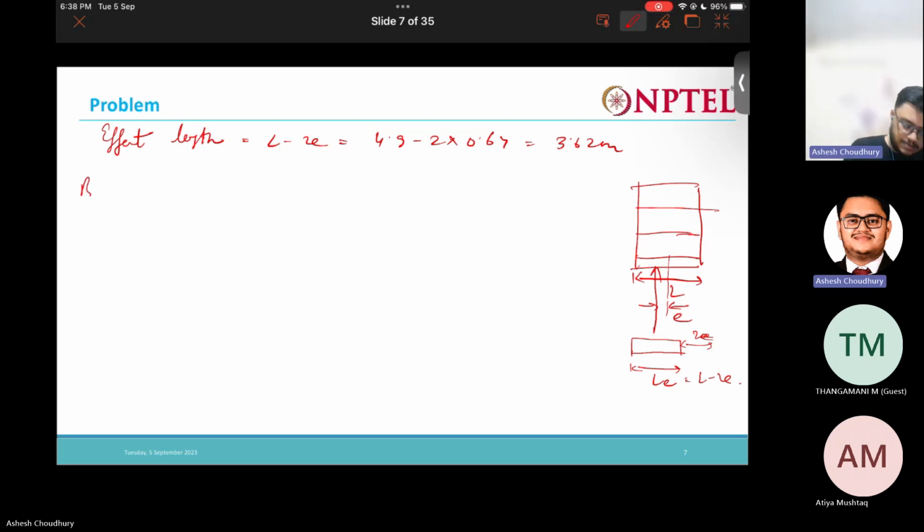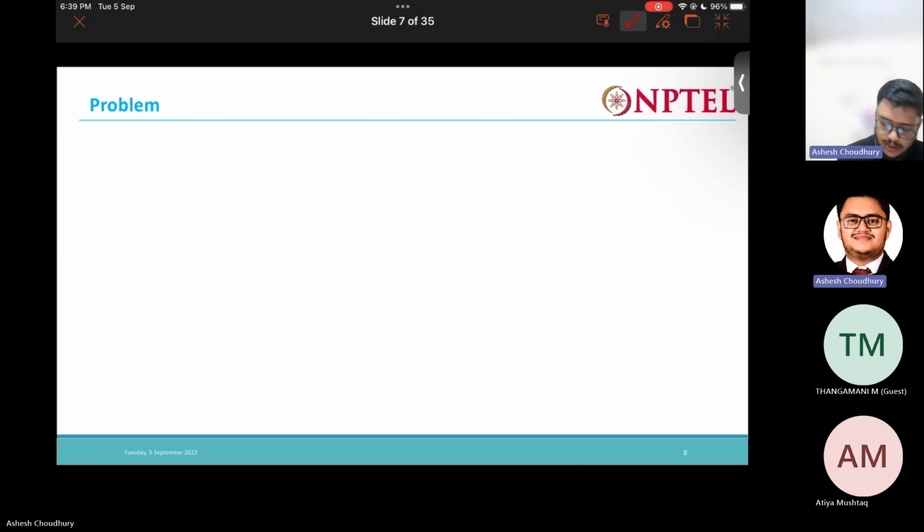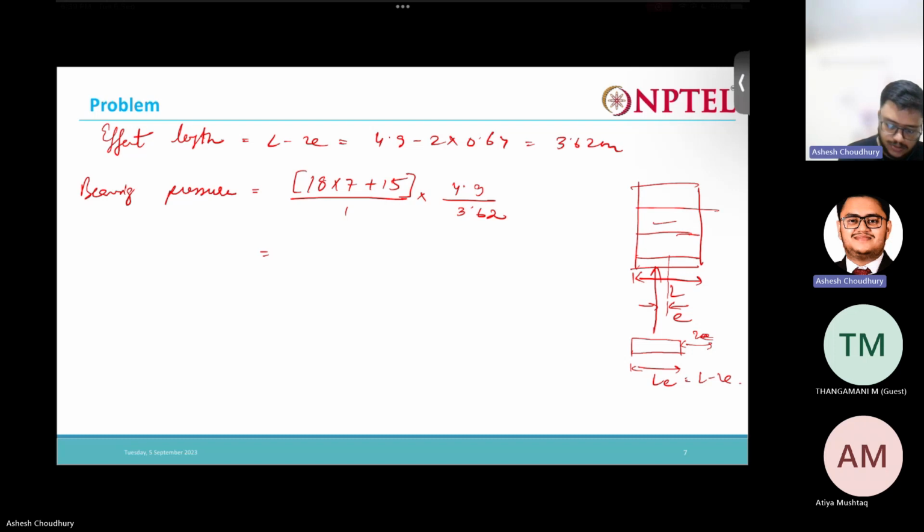So what is the bearing pressure? 18 into 7 is nothing but the weight of this reinforced block, plus the 18 surcharge, 141 into 4.9, where 4.9 is the width, times 6.2.